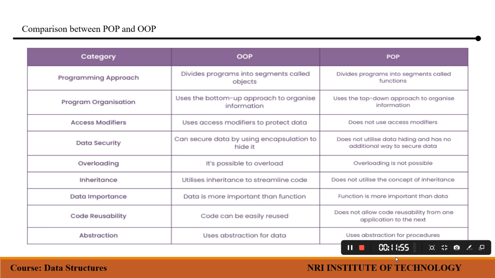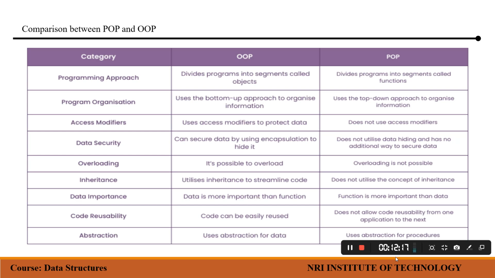Access modifiers, and of course, object-oriented programming uses access modifiers in order to protect the data, in order to secure the data. Procedure-oriented programming does not use any access modifiers. Coming to the data security, object-oriented programming secures the data by using encapsulation to hide the data.